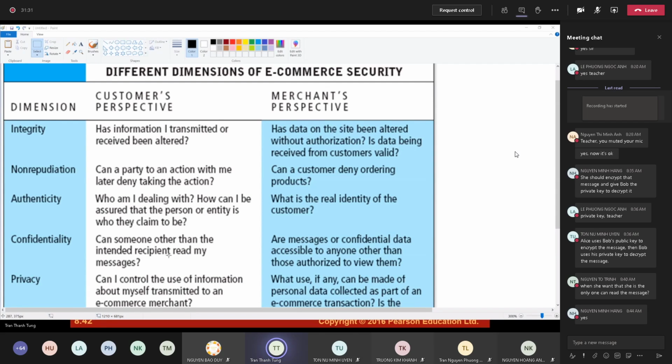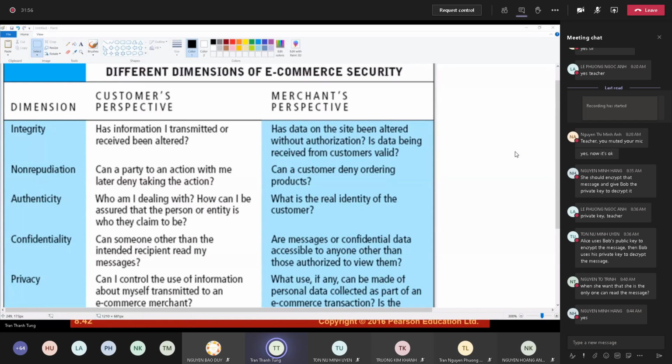So if I want only Bob to read the message, I will use the public key of Bob to encrypt the message, and then only Bob with his private key can decrypt it. So we have confidentiality.